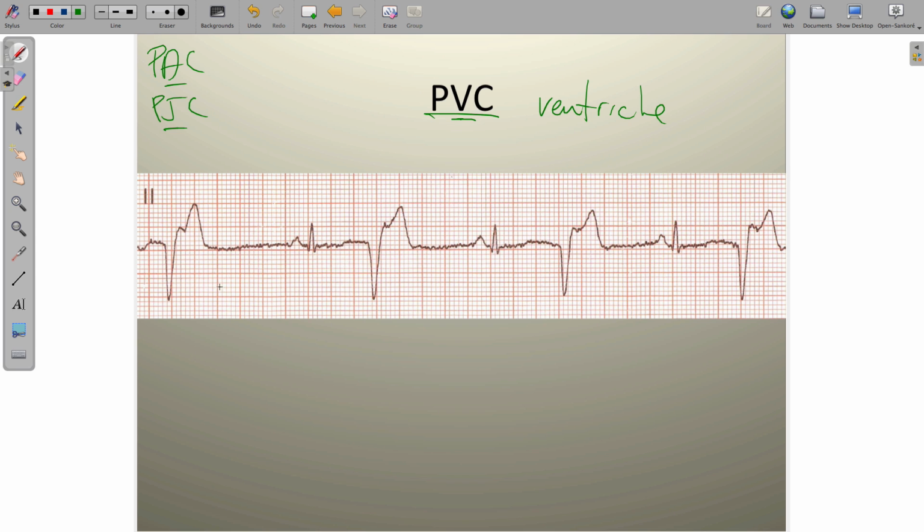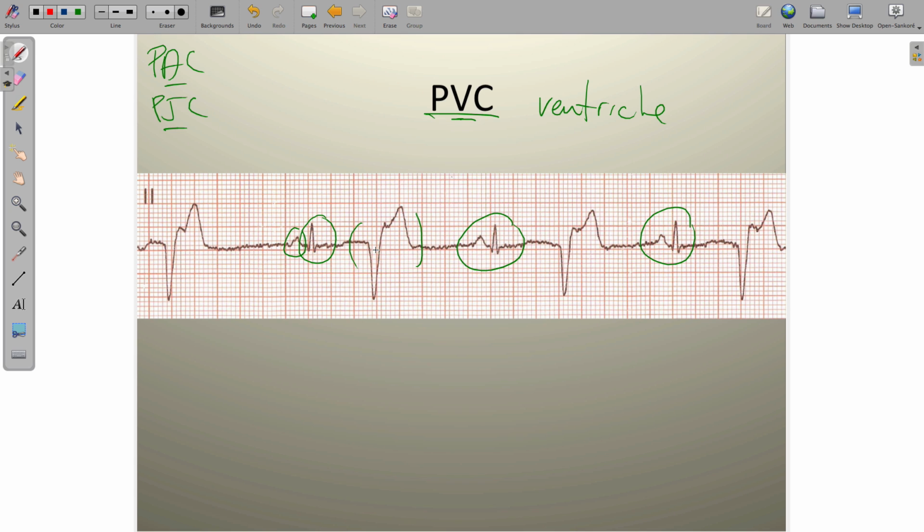And you'll notice here, if you look at this EKG, you'll find what appears to be a normal P wave followed by a normal QRS. Normal P, normal QRS, normal P, normal QRS. Then you get these horribly terrible looking ginormous guys that show up here. So let's take a look at them. They come early in the sequence.